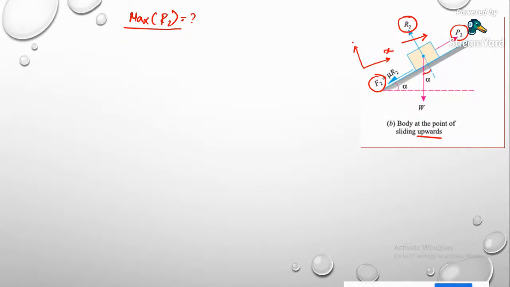This is my positive x and this is my positive y. Now if you do the resolution of the components, because all forces are in this reference axis, this will be my W cos alpha, and in this direction, this is my W sin alpha.